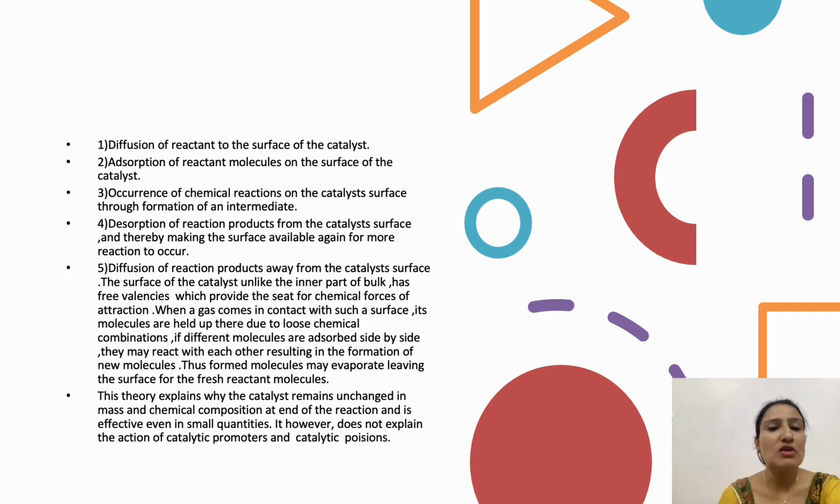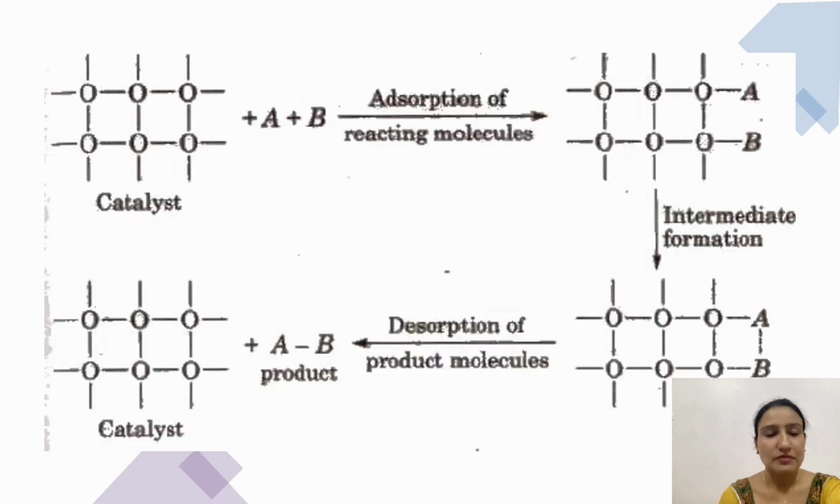The newly formed molecules may evaporate, leaving the surface for the fresh reactant molecules. This theory explains why the catalysts remain unchanged in mass and chemical composition at the end of reaction and are effective even in small quantities. It, however, does not explain the action of catalytic promoters and catalytic poisons.